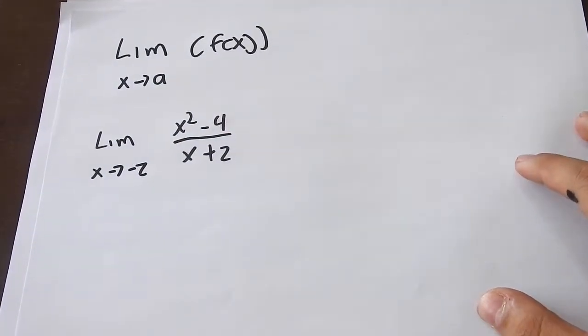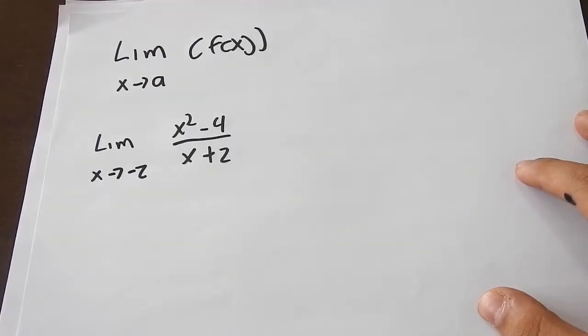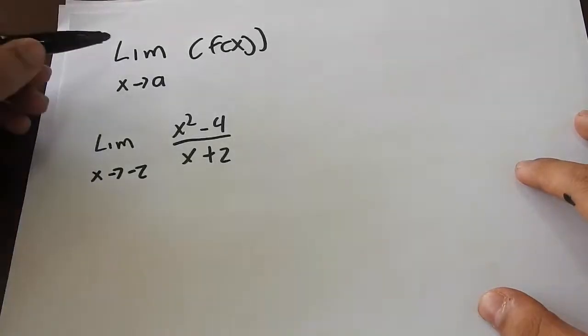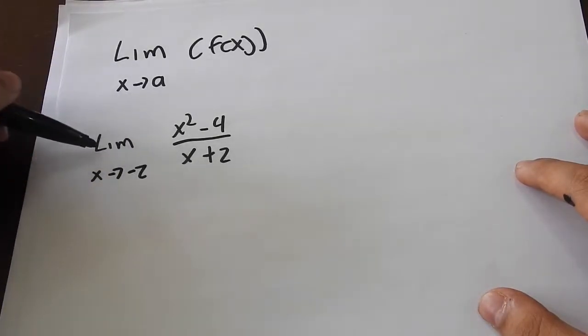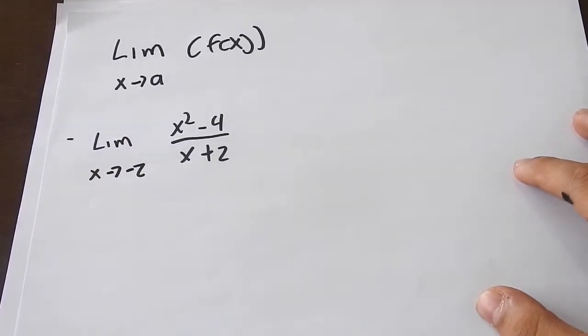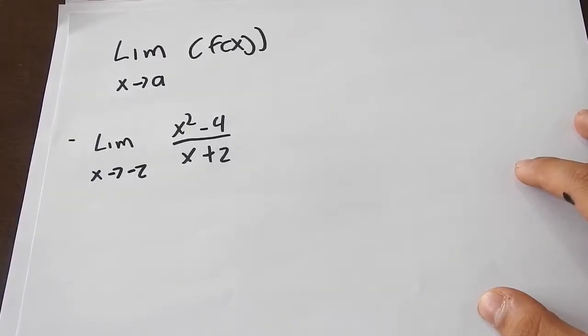So this is basically asking, as the x value becomes sufficiently close to a, or in this case to -2, do I get closer and closer to a value of f of x, a value in y.